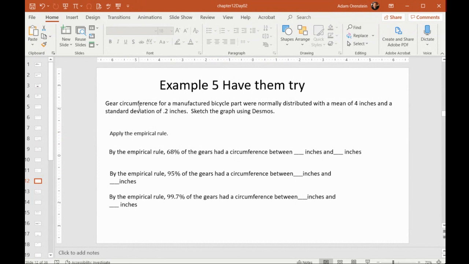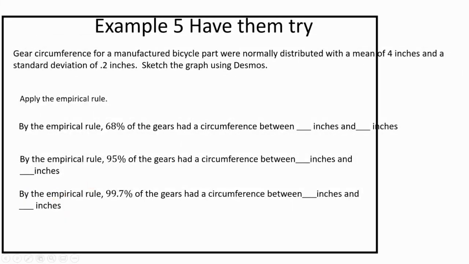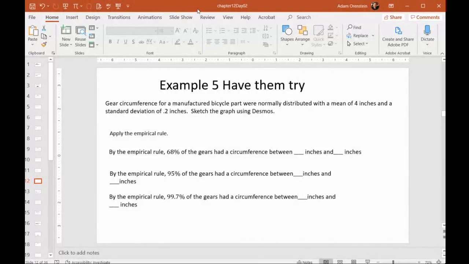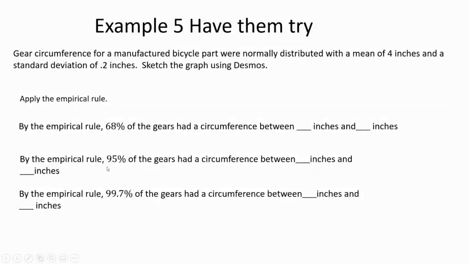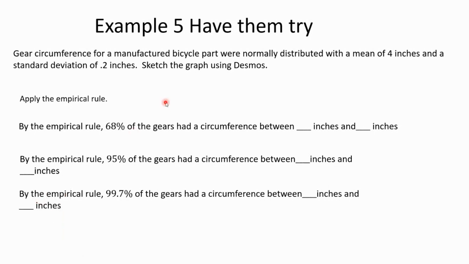So gear circumference, we're told that gear circumference for a manufactured bicycle part is normally distributed with a mean of 4 inches and the standard deviation is 0.2 inches.